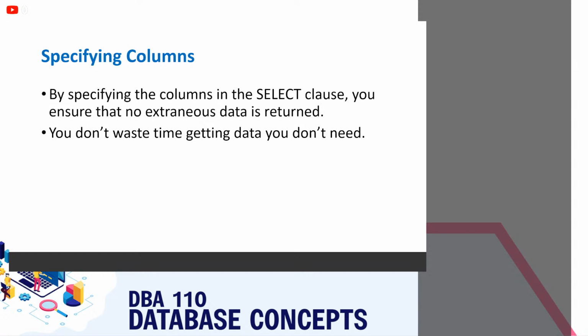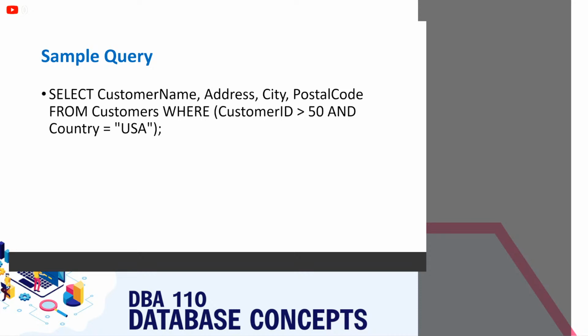I just need their name and when their birthday is. So all I have to do is put the name of that column in the place of the asterisk. If I have more than one that I want to put there, I just separate them by commas.